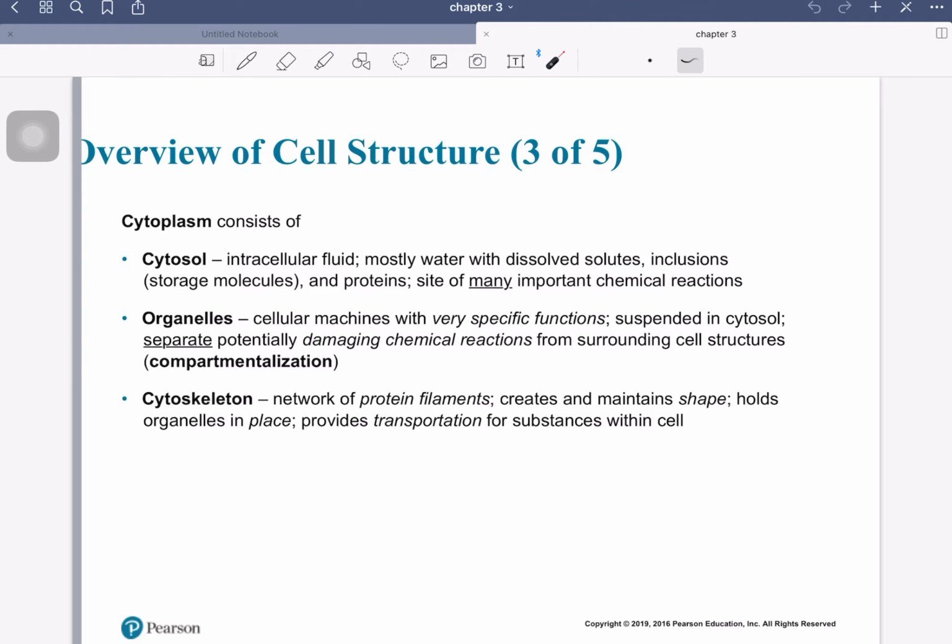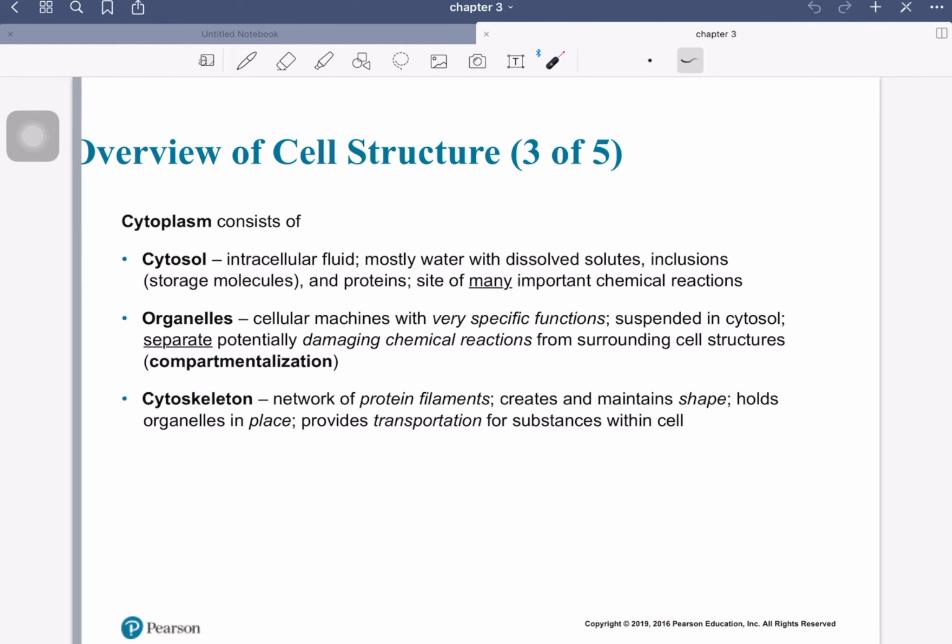Now, when I'm looking at the cytoplasm, we're breaking things down into categories here. I have the cytosol, and what do I find in there? Mostly water, dissolved solutes, inclusions. These could be storage molecules that I'm storing in that cell. It depends on the type of cell. It could be glycogen, things like that, and proteins.